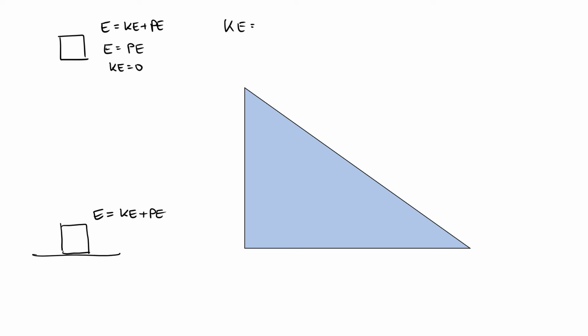Kinetic energy was 1/2 mv squared. And potential energy was mgh, so h is the height off of the ground. Now that the height is practically 0, it has 0 potential energy.